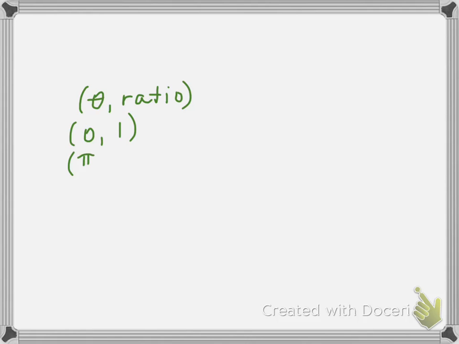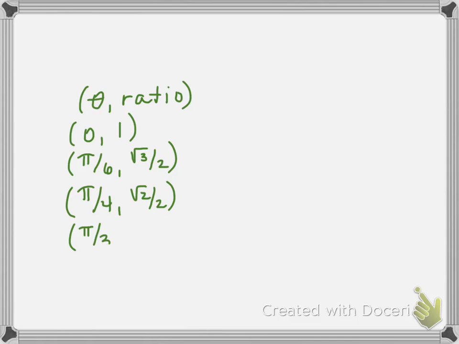An angle of pi over 6 has a cosine ratio of √3/2. For pi over 4, the cosine ratio is √2/2. These should all look familiar because they're right from your trig table. For an angle of pi over 3, the cosine ratio is 1/2. And for pi over 2, the cosine ratio is 0.